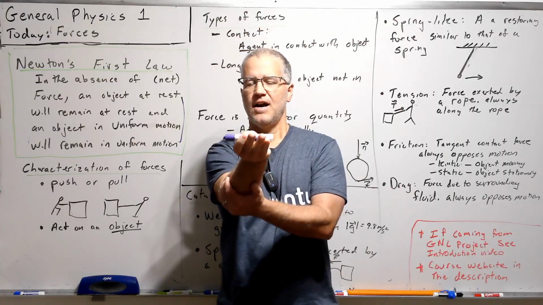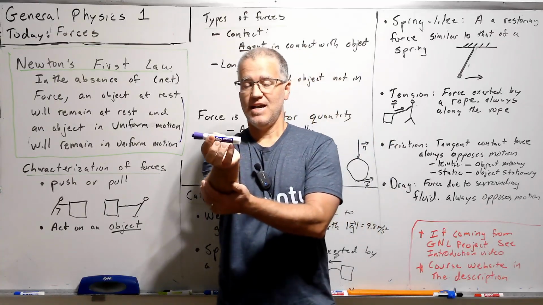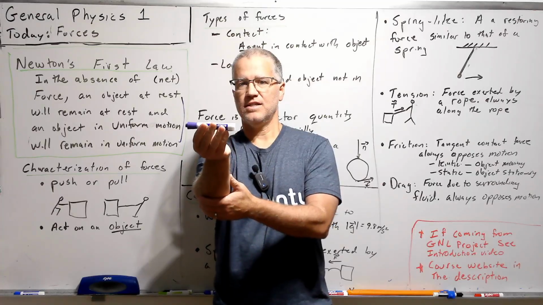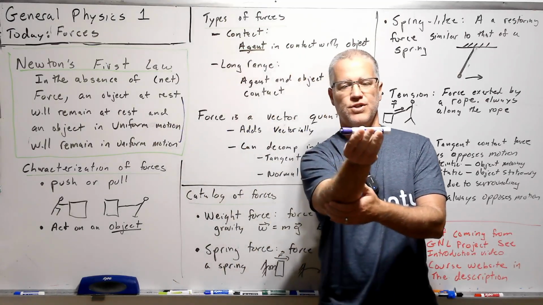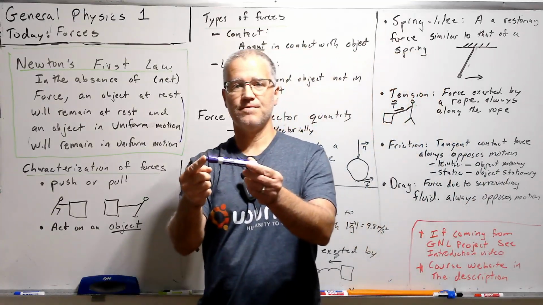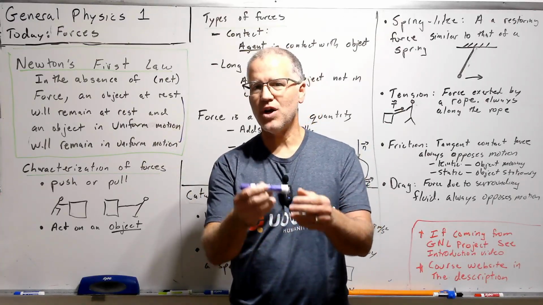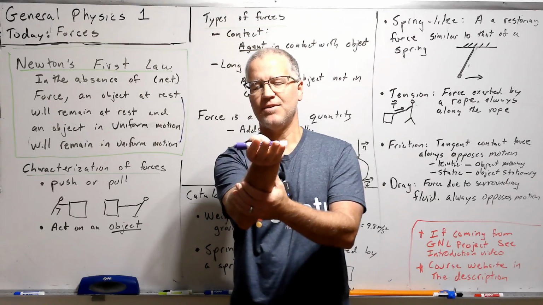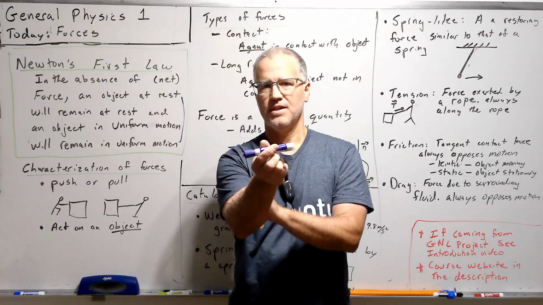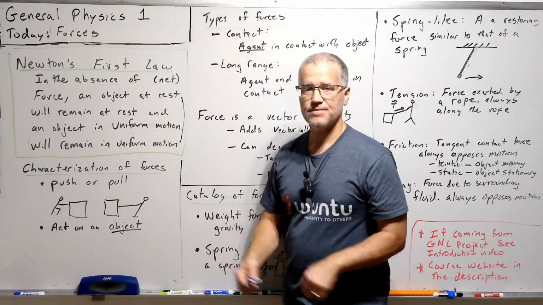But imagine I'm holding this on the train car that we talked about last time, and you're standing on the ground. If I'm holding it in this train car and we're moving at uniform motion, say 5 meters per second, then my pen is in uniform motion. So there really isn't an object at rest; it depends on what the frame of the observer is. And so really this is all the same thing.